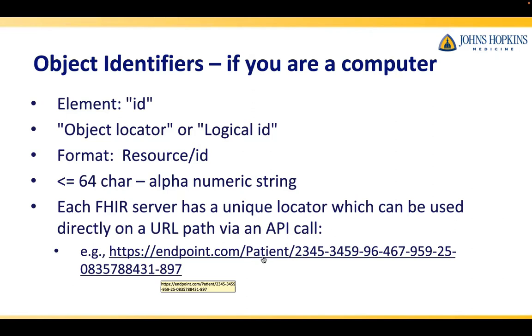So here we're saying it's a patient, and this long string here is the ID. Now this isn't a UID, this is just a long string to uniquely identify it on this particular server. However, you can see that on one single URL path, using an API call, we can identify the protocol, the host name, and the path to get a specific file. That's something that's really powerful in FHIR.